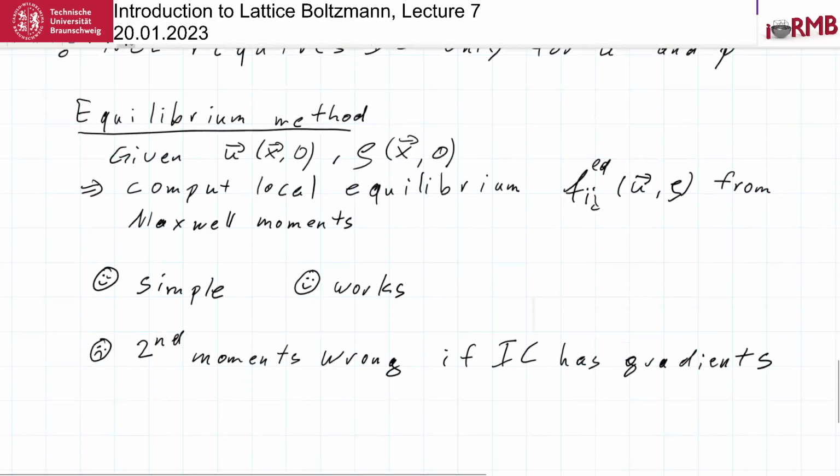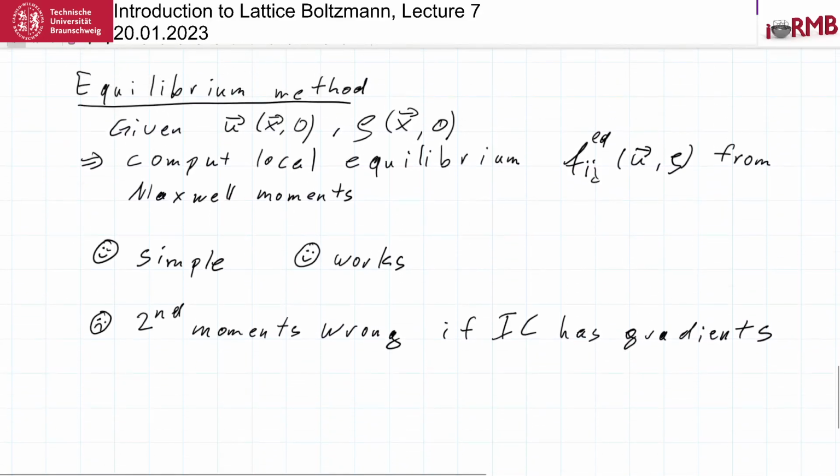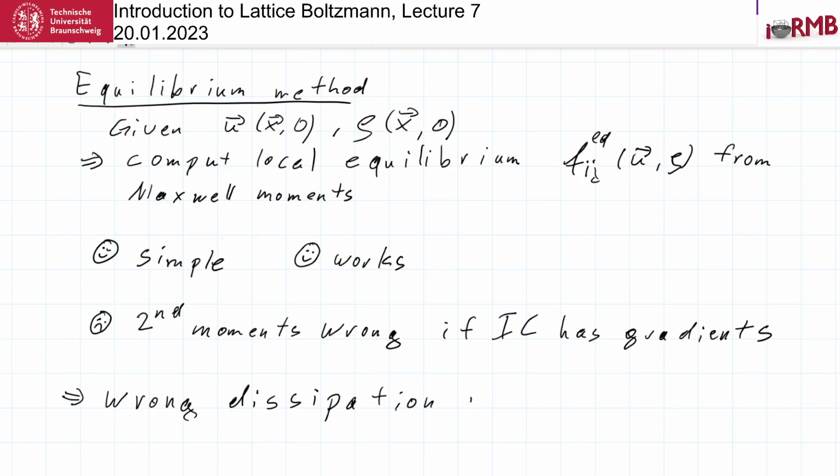We are very often happy with equilibrium methods, but sometimes we need some correction. What we get wrong is the wrong dissipation in the initial phase if we do this.